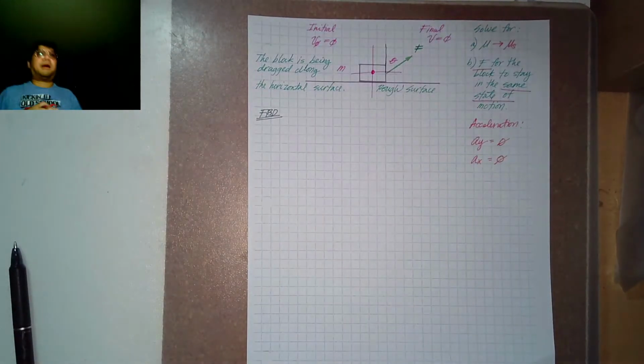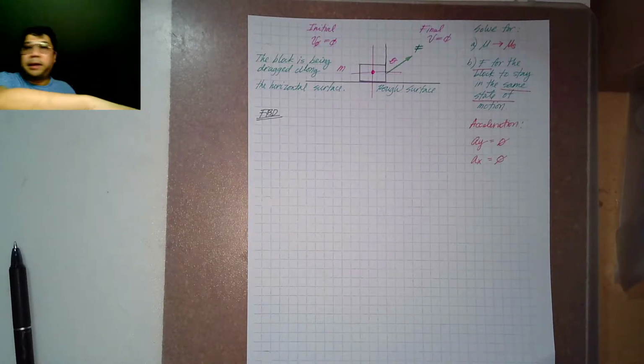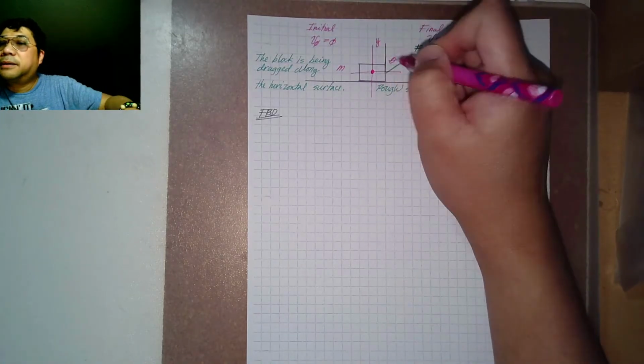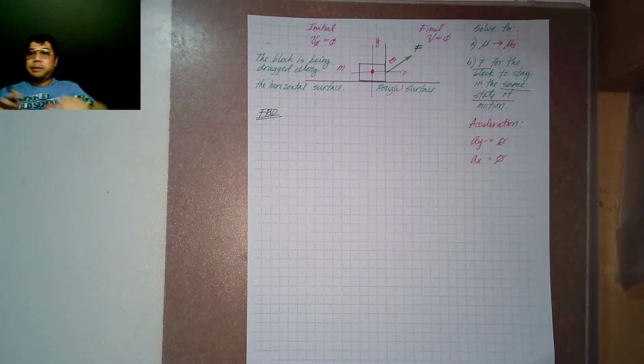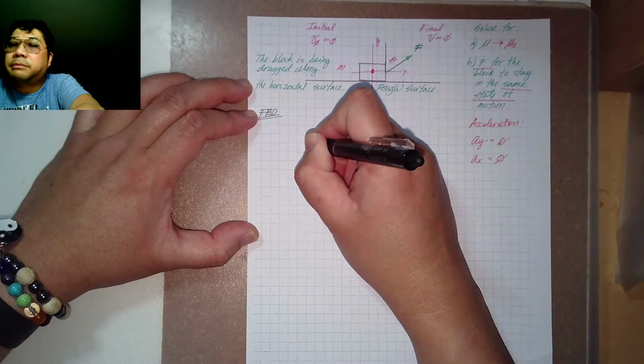We have our imaginary dot at the intersection of the x and y axes. Let's put our dot right here.